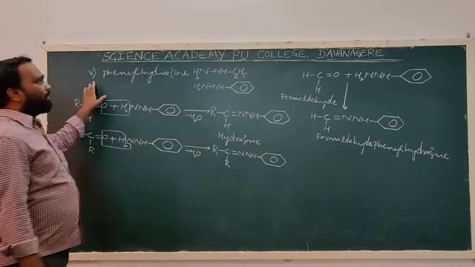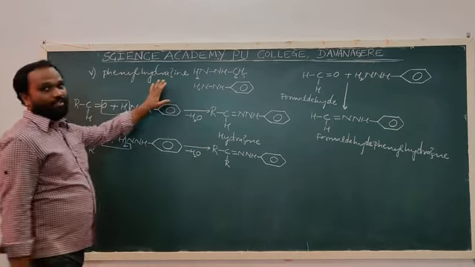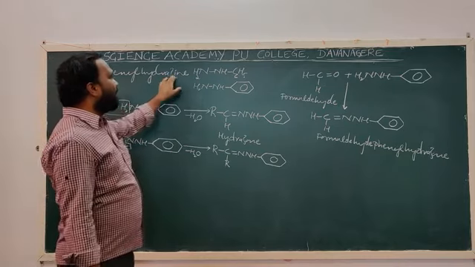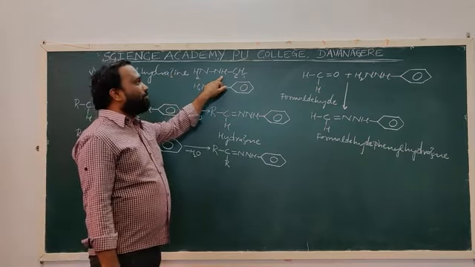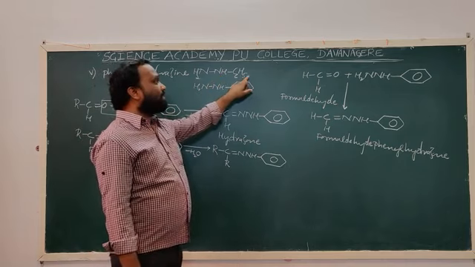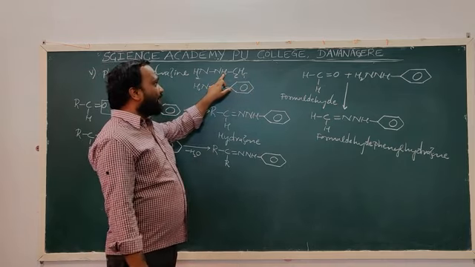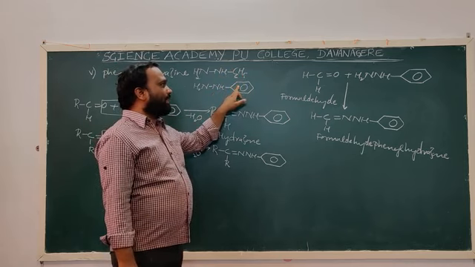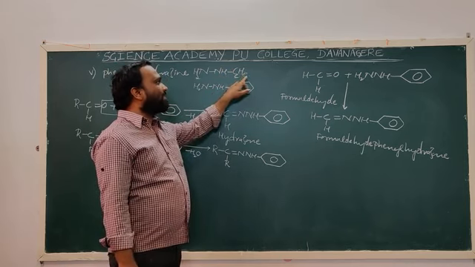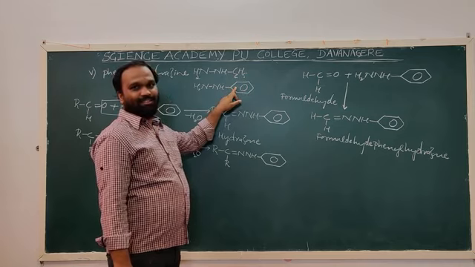Fifth example, reaction with phenylhydrazine. Very easy to write the formula. NH2NH2 is hydrazine. Replace one H by C6H5. Remove one hydrogen atom, and in that place put C6H5, or you can write the benzene ring.